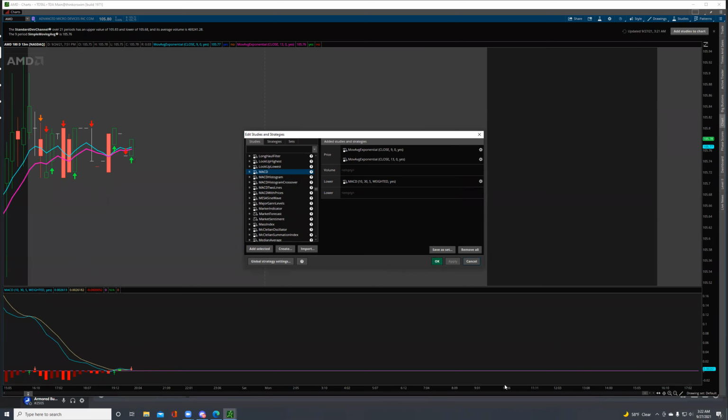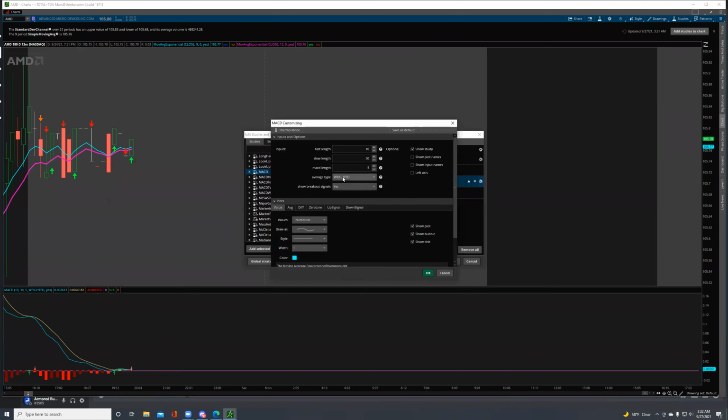Okay. So we got weighted, we got 10, 30, and 5, and we have a nice situation occurring here. So what you can do is get real comfortable and crazy with that. Change out your colors. So you can see that this ugly signal coming down is this hideous yellow color. Let's make it gold.